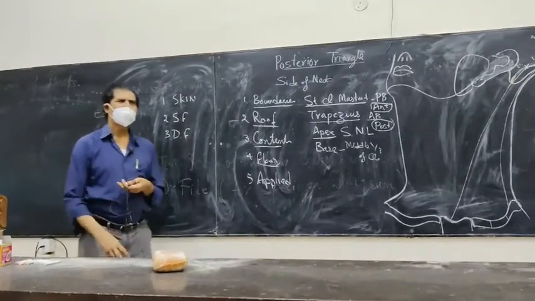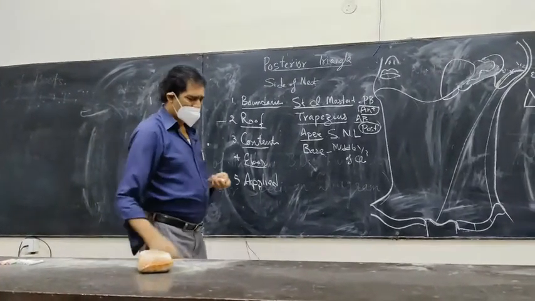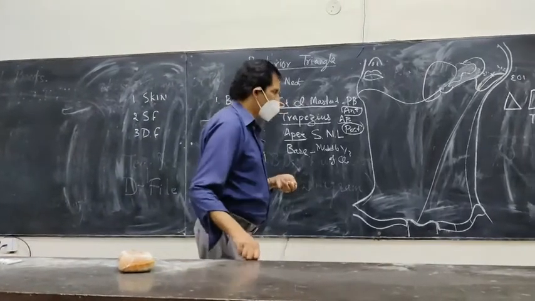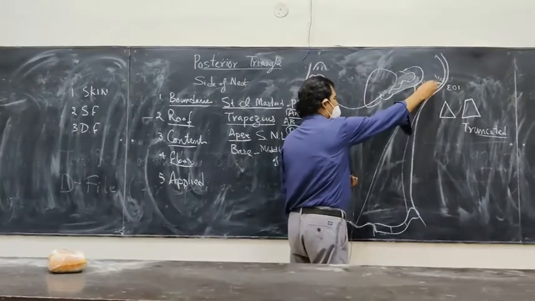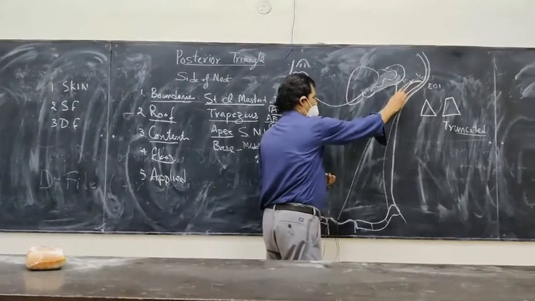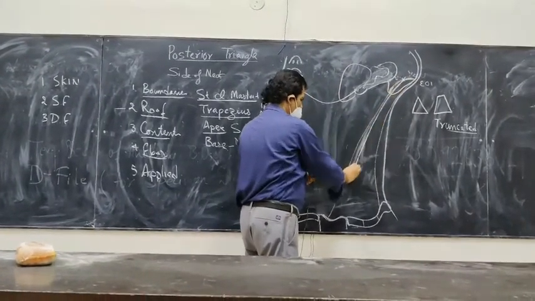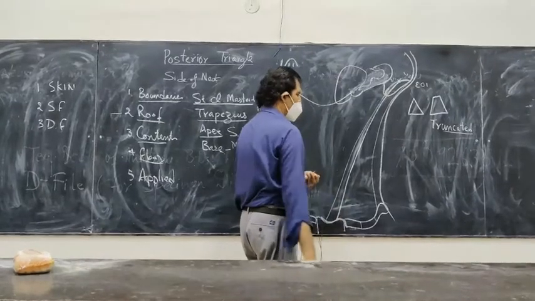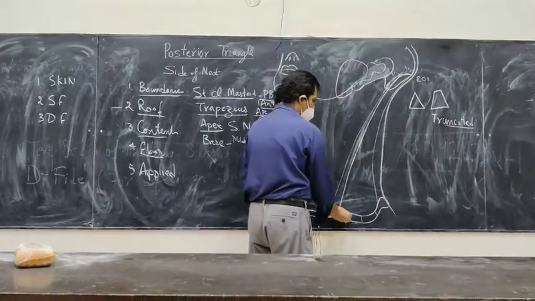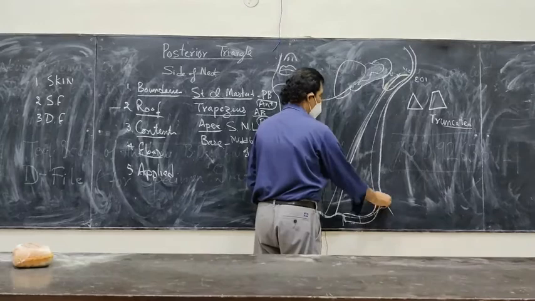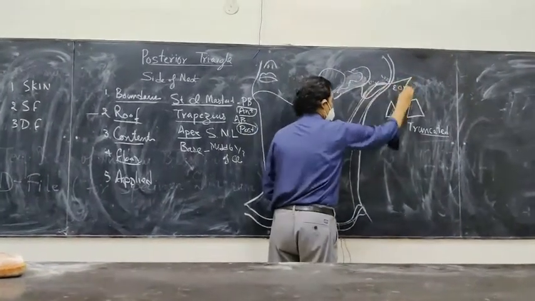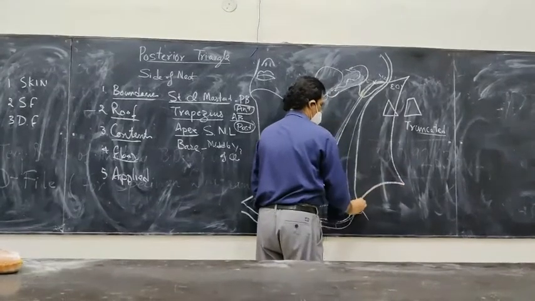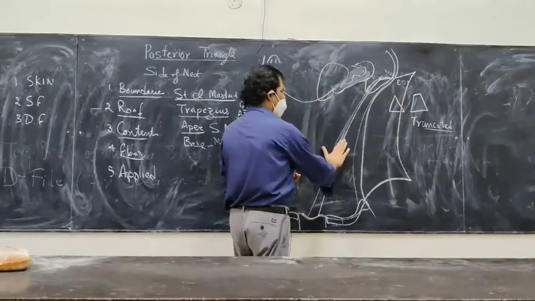So during dissection of the posterior triangle, with a sharp scalpel we cut the skin from the apex to the base. Another cut on the skin we make along the clavicle, and we reflect the skin like this. So we have cut and reflected it.